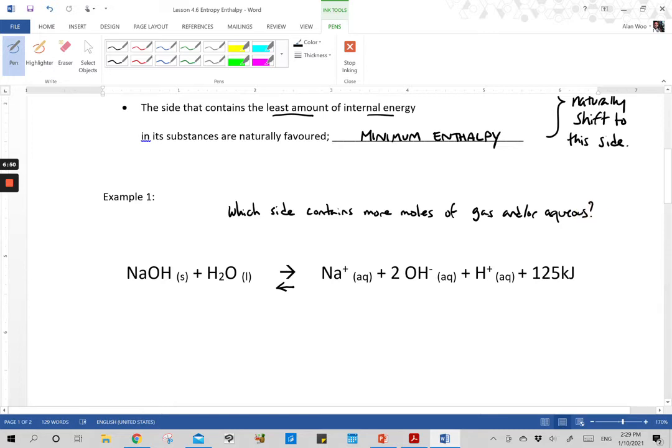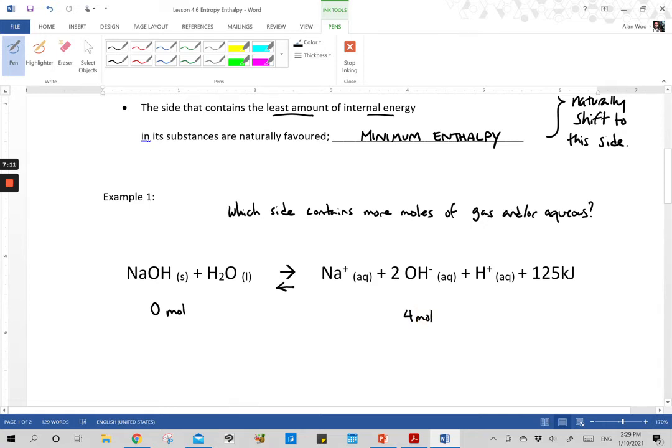Obviously, on the reactant side, we have 0 moles of gas or aqueous. And on the product side, we have 1 plus 2 is 3, plus 1 is 4 moles of gas or aqueous.